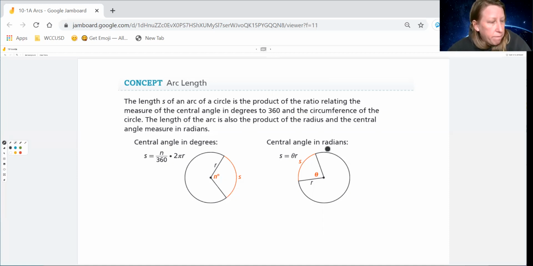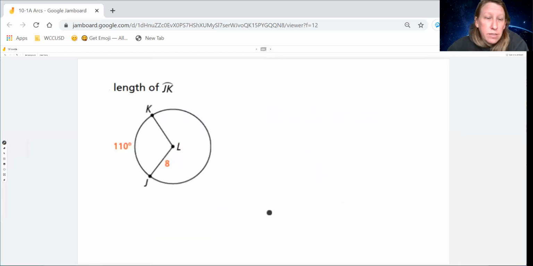That is a conversion between counting the circle in degrees, in 360 degrees, or counting it as the number of radii. Radians is radii that fit around the circle. Let me move on from that. I don't want to say something wrong.